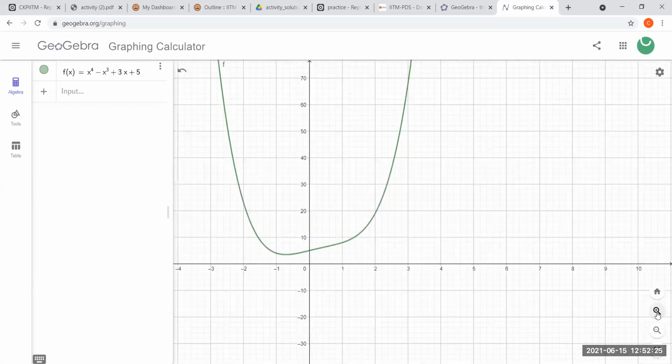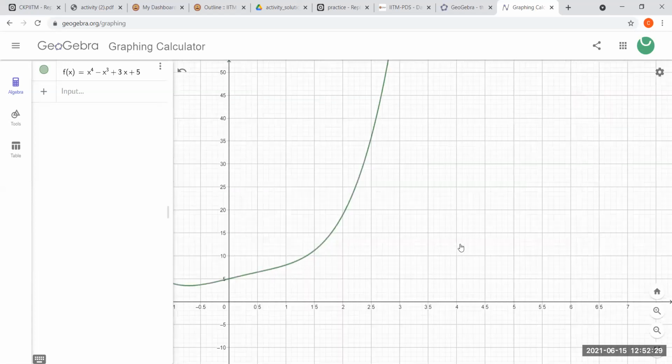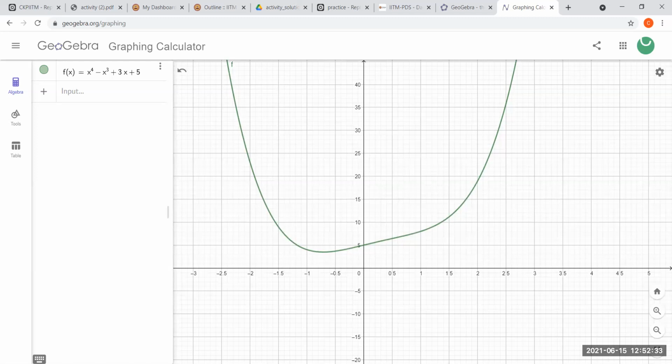If I zoom further, you can see that this is changing at half. The same thing which I drew at 0, its curvature is something like this. So I think what we had tried to explain is coming. You can see at half it's changing the curvature from up to down.